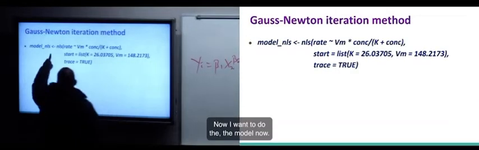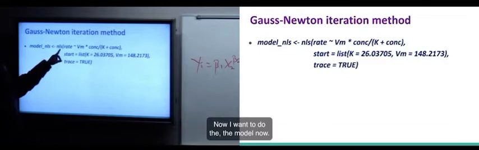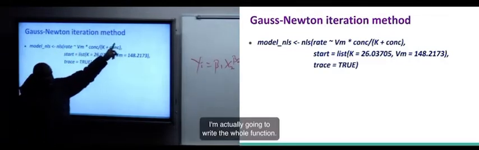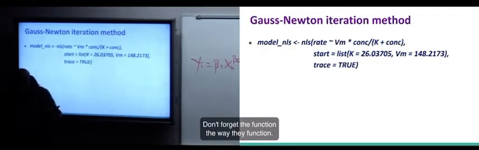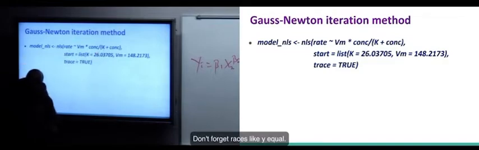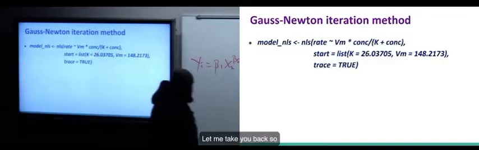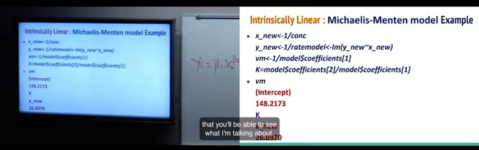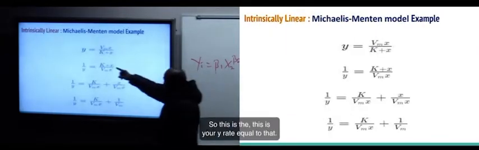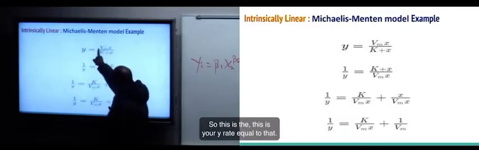Now I want to do the model. For rate, I'm actually going to write the whole function. Don't forget the way the function actually looks. Don't forget, rate is like y equals that. Let me take you back so that you'll be able to see what I'm talking about. This is your y, rate equals that.